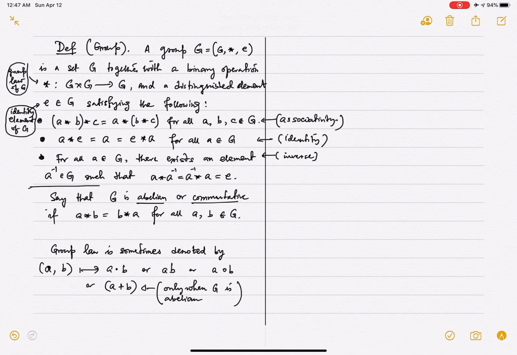I mean, if G is abelian, we will not necessarily use it, but we'll use it only in cases where it is abelian.